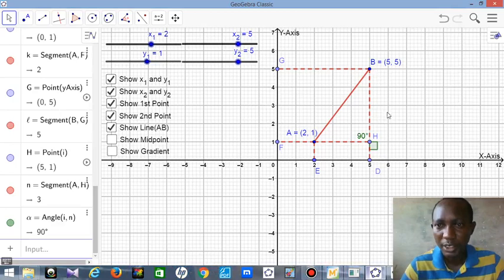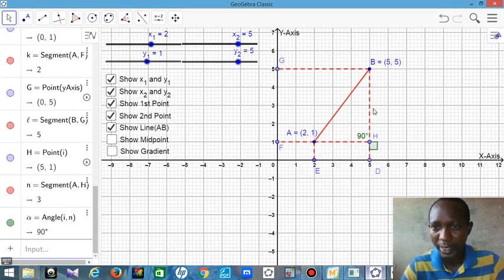So if triangle ABH is a right angle triangle, that means we can get this distance from E to D. Just look at the label E to D, which is this distance. Then we can get the distance from B to H, BH, and EH, which is the same thing as ED.